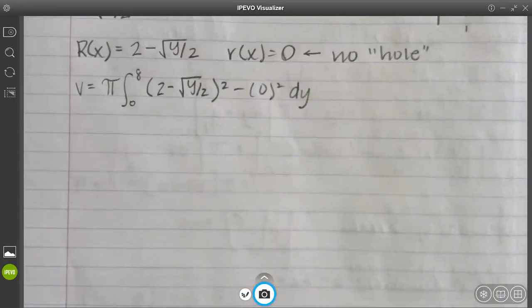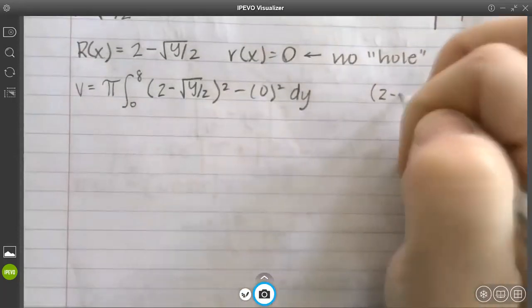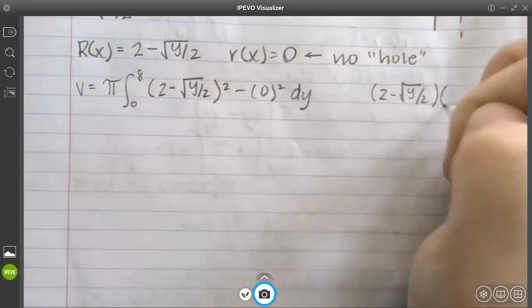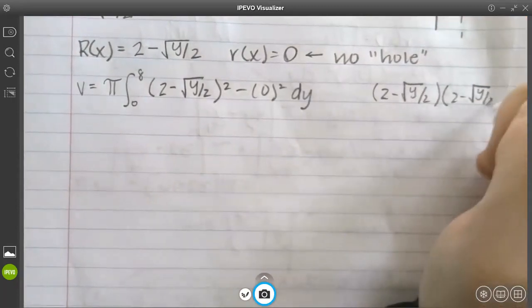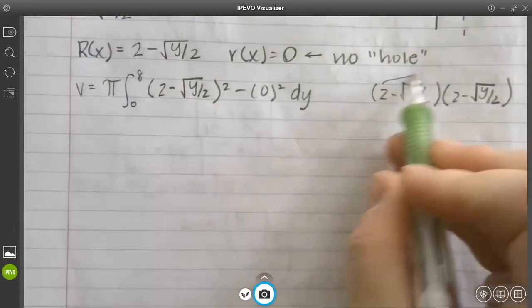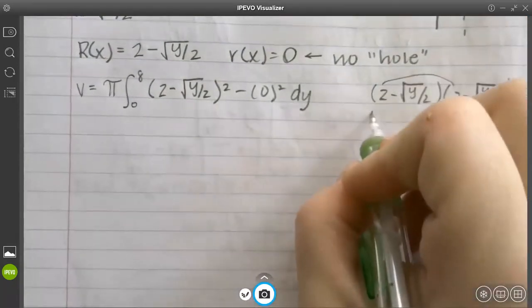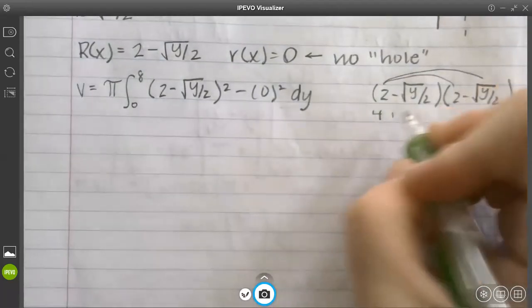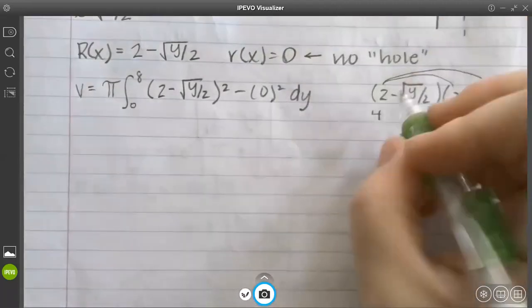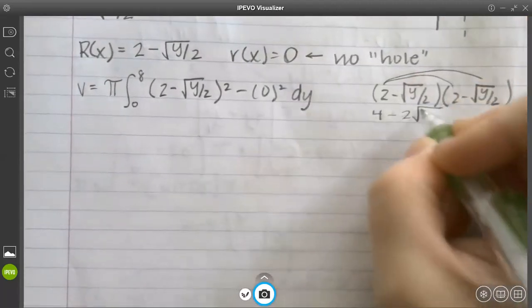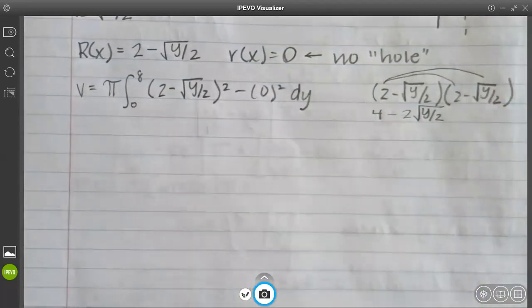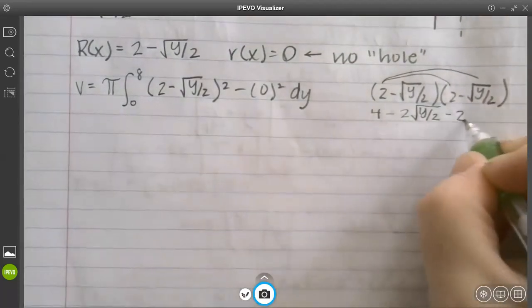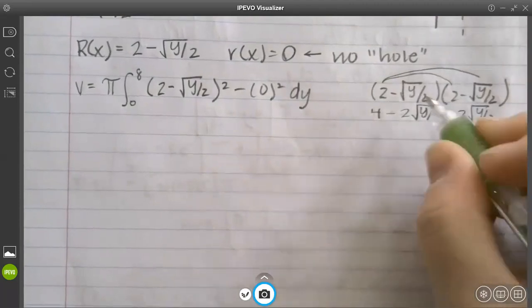What do I need to do? Remember when you square it, we're going to write it twice. 2 times 2 is 4. 2 times the square root of y over 2, and then another one when we do it here.